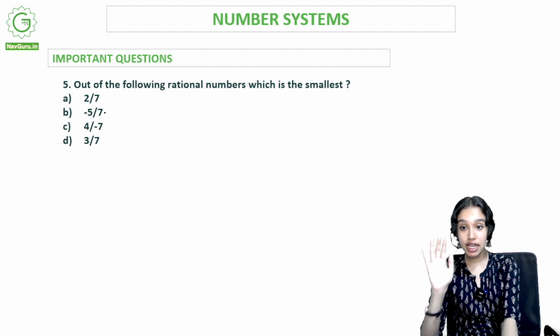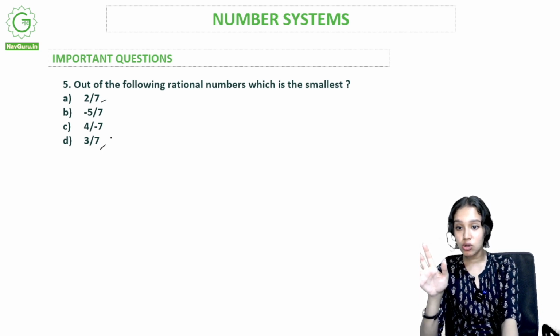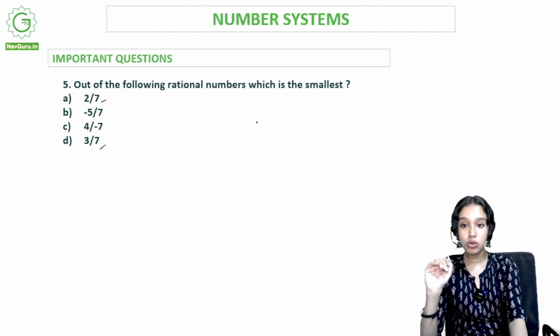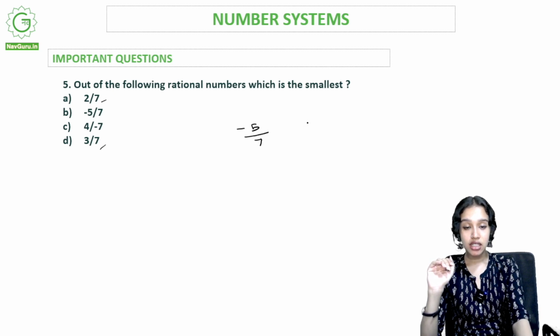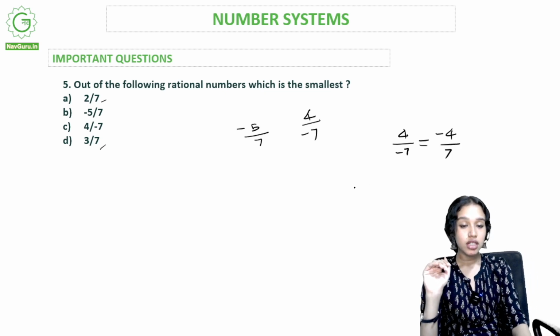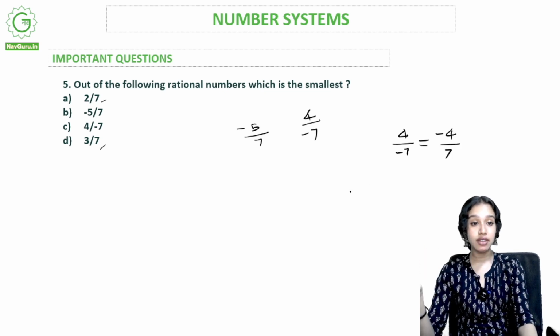Of course, it's the negative numbers, so we could eliminate these 2 options from being the right answer. Now we have 2 numbers with us, which are minus 5 by 7 and 4 by minus 7. The thing is, 4 by minus 7 is actually equal to minus 4 by 7. You could place the negative sign anywhere.